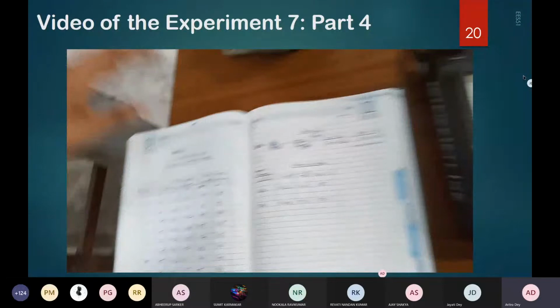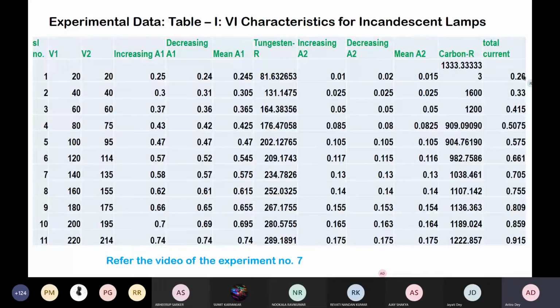Okay, so once we have this table complete, this is our table, actually. This is the experimental value which we recorded, V1, V2, in increasing order, and A1 is your tungsten filament lamp ammeter reading. So what is the current through that, and then the mean of A1, then for that what is your resistance value.